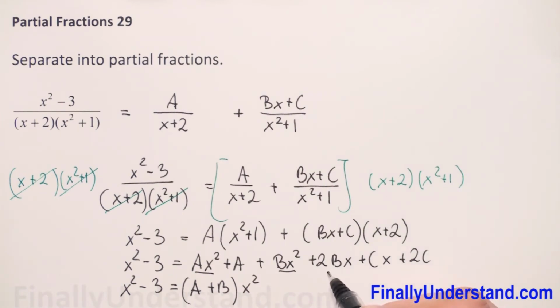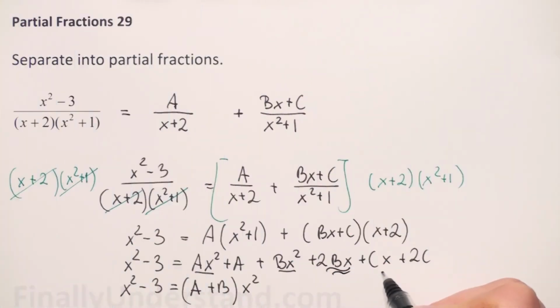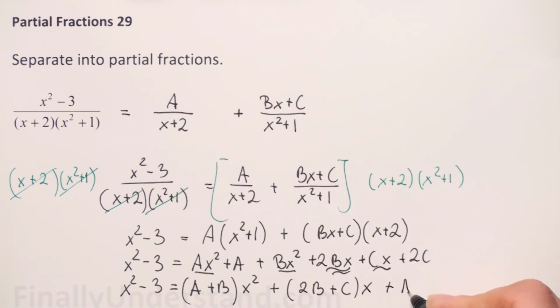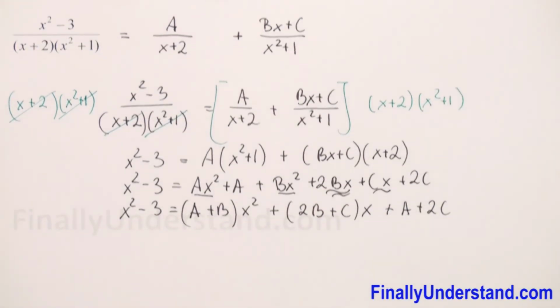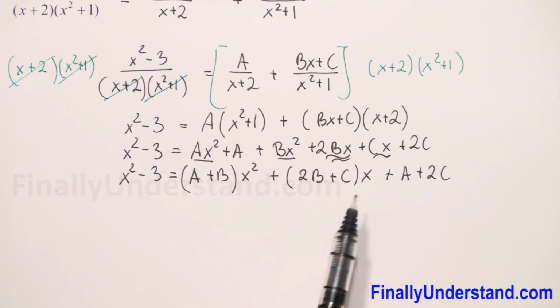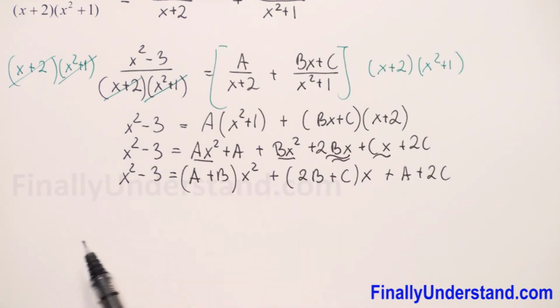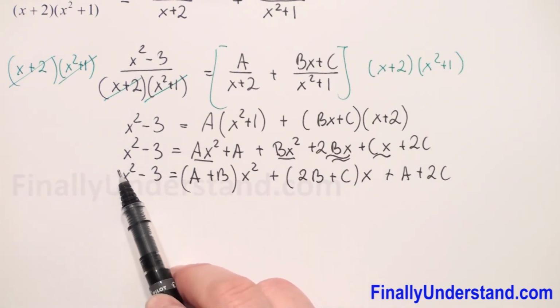Next we have to take the expressions with x. So we have plus, in parentheses, 2b plus c, times x, and the rest is plus a plus 2c. Now the left side must be equal to the right side. It means we have to compare the coefficients before x squared, x, and the constants. In this example, x squared has an invisible 1.